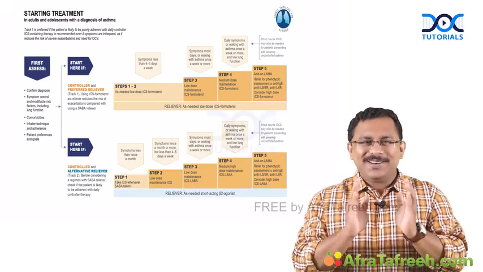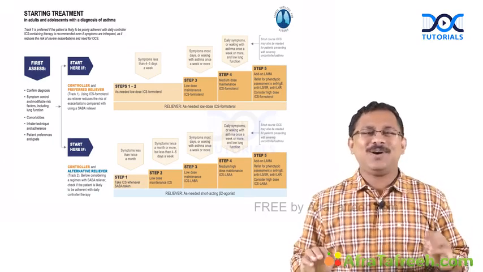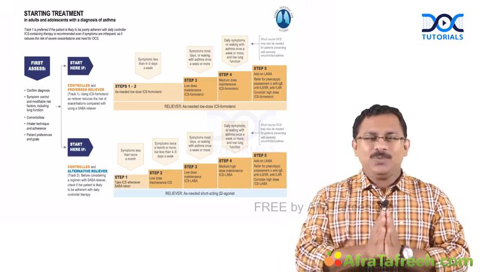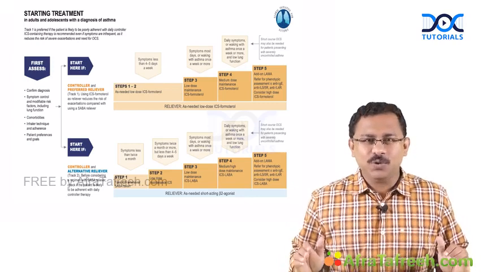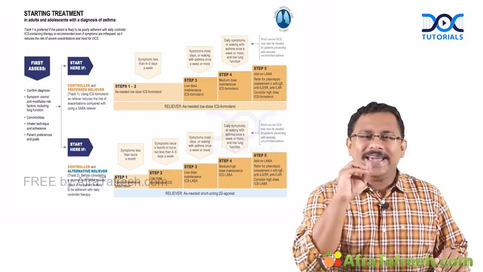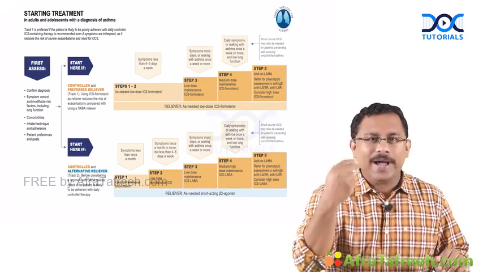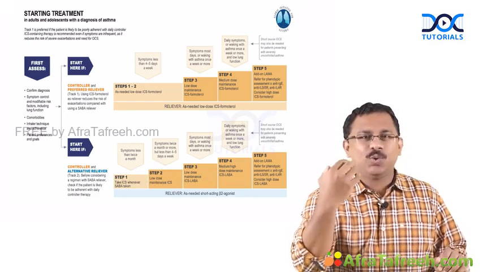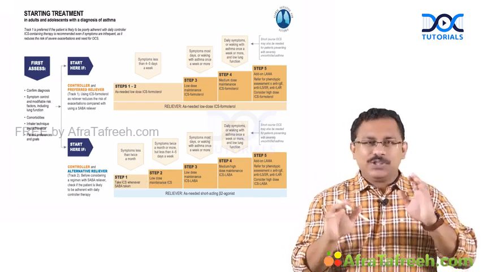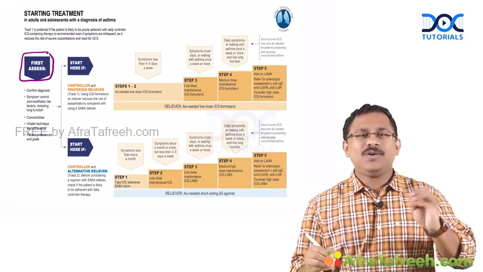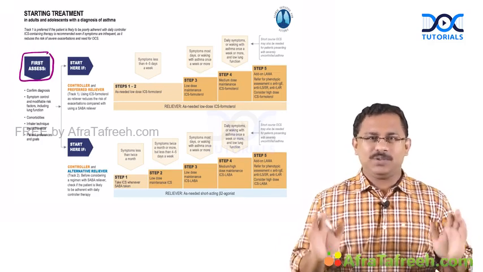Now, does it look a bit complicated? Don't worry about it. I'm going to simplify it for you. To begin with, first point that you have got to know is that in case of bronchial asthma management, there are two approaches. So once you have initially assessed the patient, you can go for either of the two approaches.